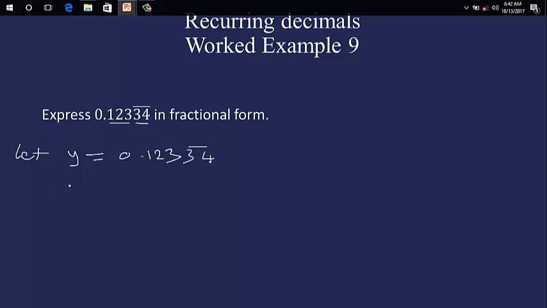So we get 1000y equal to 123.34 recurring.